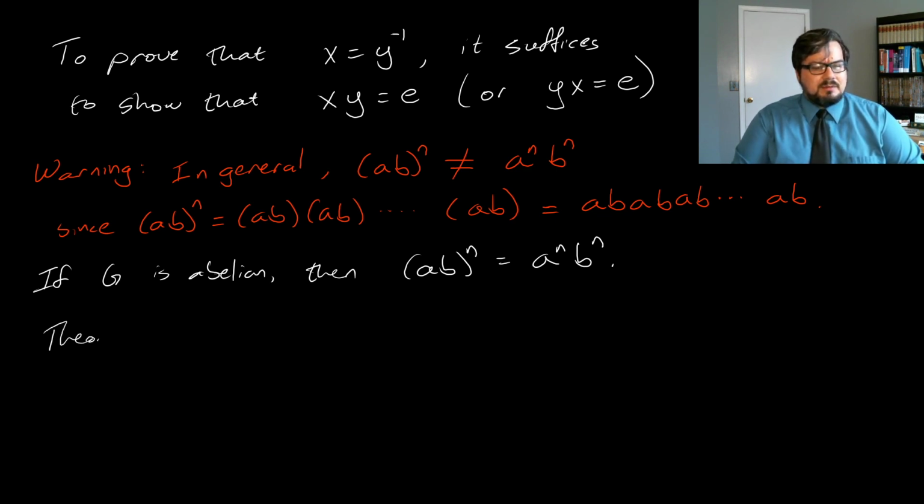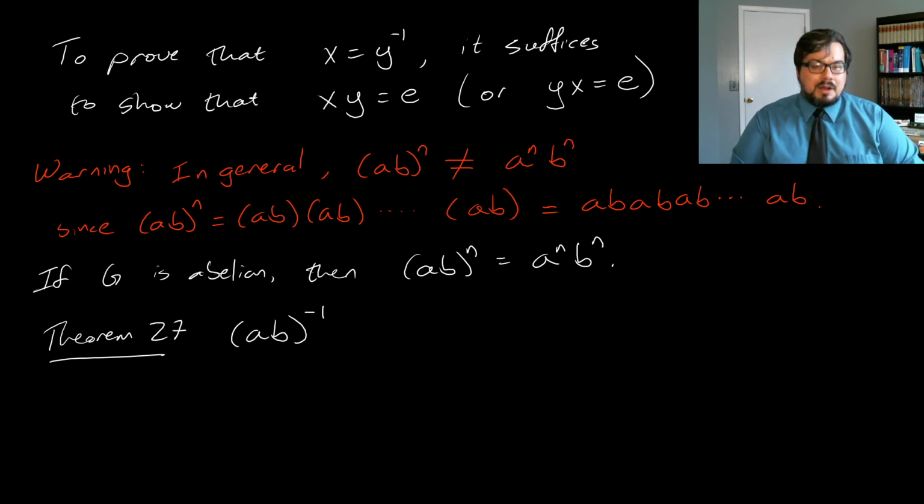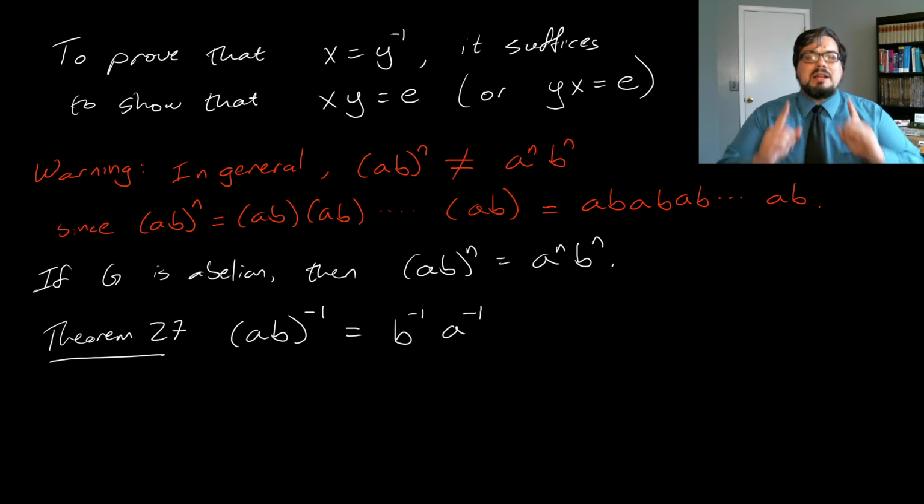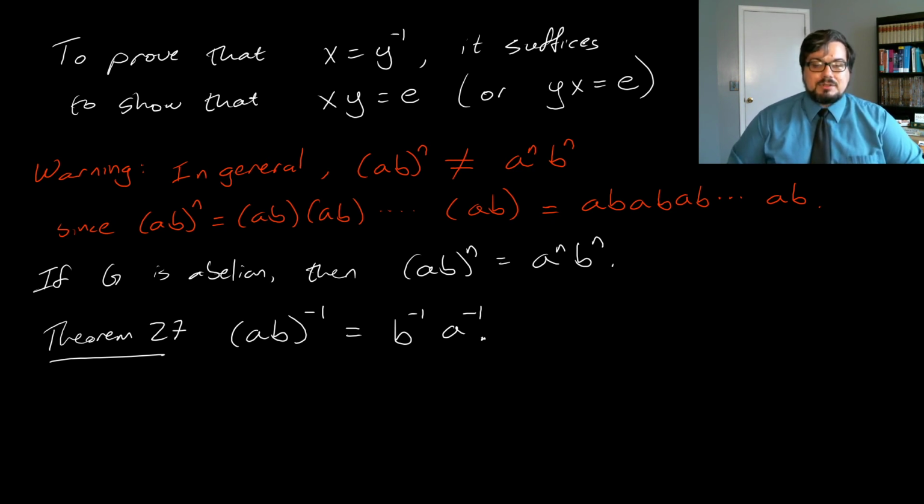So that's Theorem 27, which says that if I take two elements and I want to find the inverse of their product, it's the product of their inverses, but in the other order. So if I take A times B, inverse that whole thing, then the result is B inverse times A inverse.